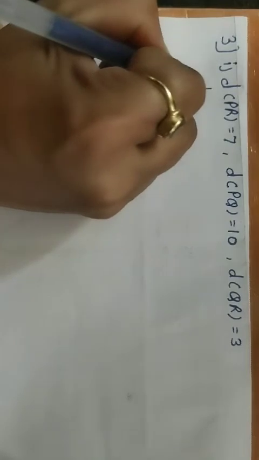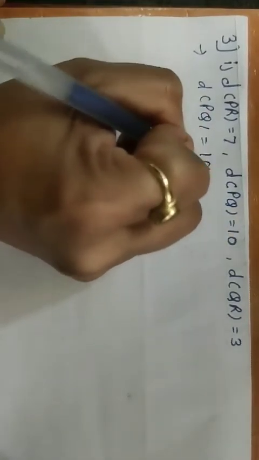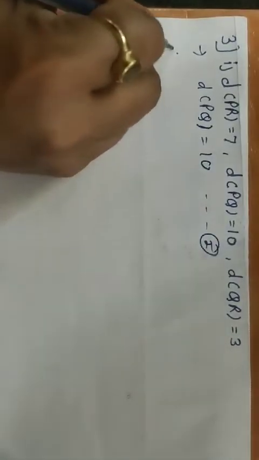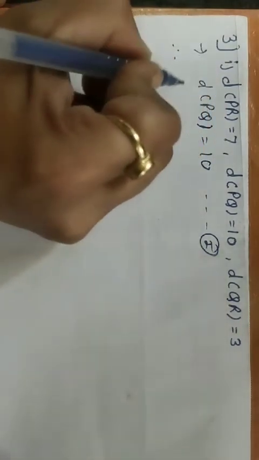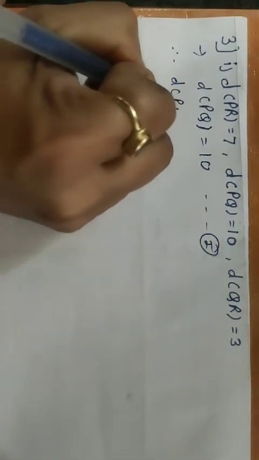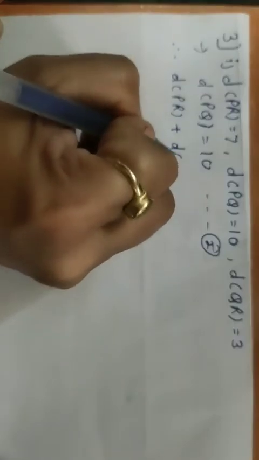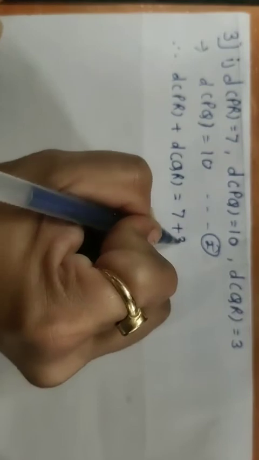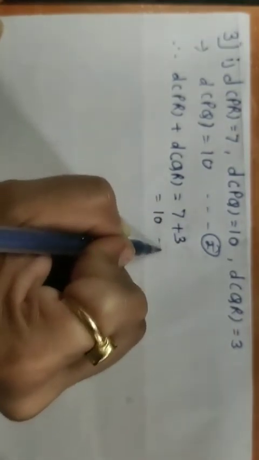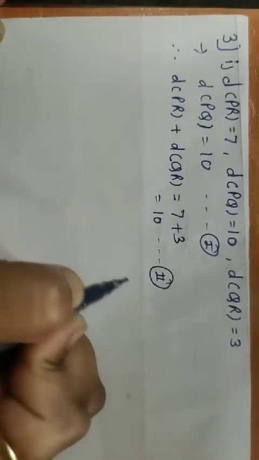See here, 10 is the largest distance. So our solution is distance PQ is equal to 10. It is our equation number first. Then add the rest of the distances. So distance PR plus distance QR is equal to 7 plus 3, which is equal to 10. It is our equation number second.